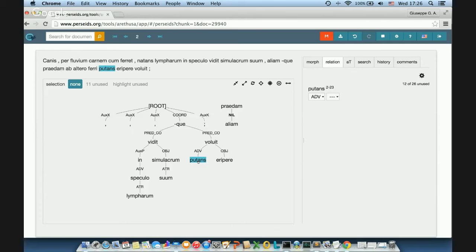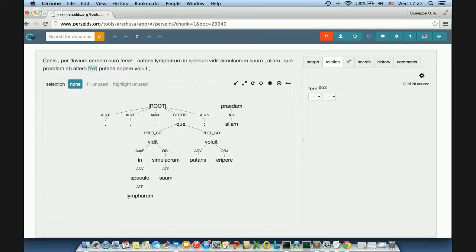It can be left out. It adds something, of course, but it is not really required by the structure of the verb. But of course, if I just look at voluit, again, I expect that a subject is somewhere, and I also expect to find an object, because I want to know what, in this case, the dog wants to do, right?